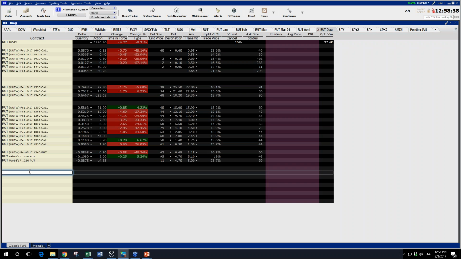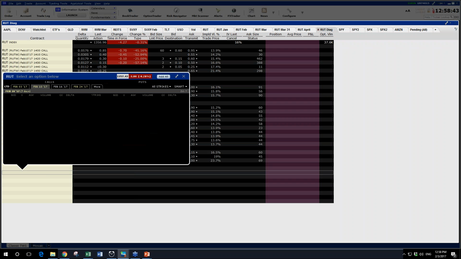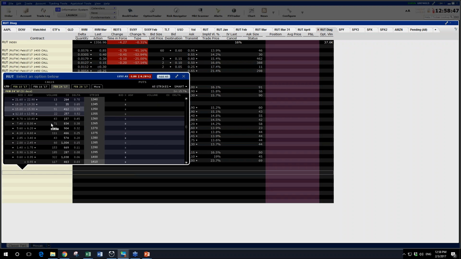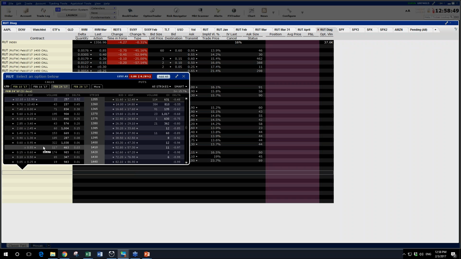And then we'd want to go out 2 weeks to Feb 24, and we'd want to be looking at about the 1410. Did I get those right? Feb 24.